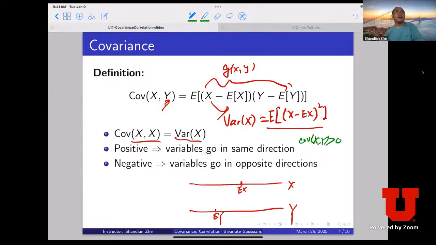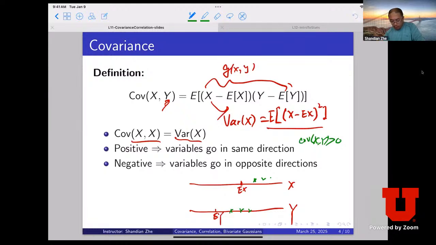So if you get a positive covariance of X and Y, what does it mean? It means that when you do numerous experiments for X and Y, most of the time, when you observe X on the right-hand side of its expectation, Y is on the right-hand side as well. Namely, X and Y are varying toward the same direction.